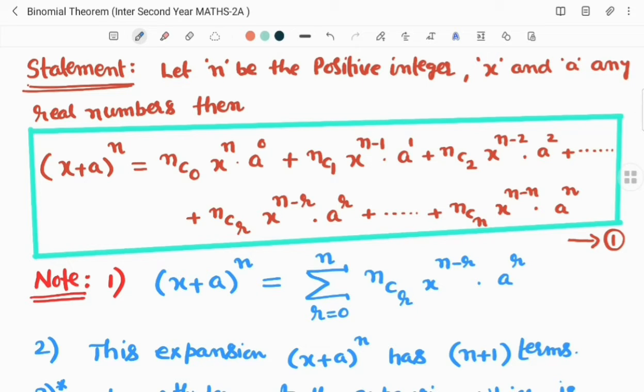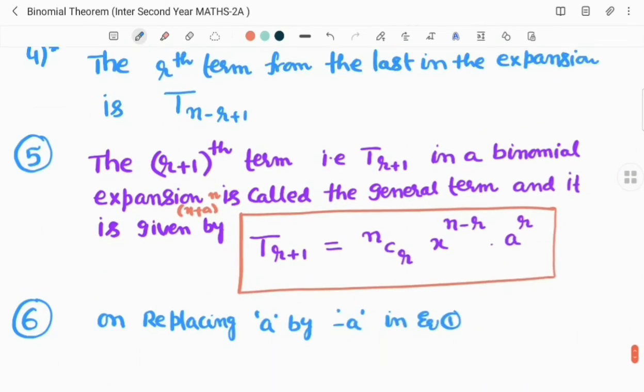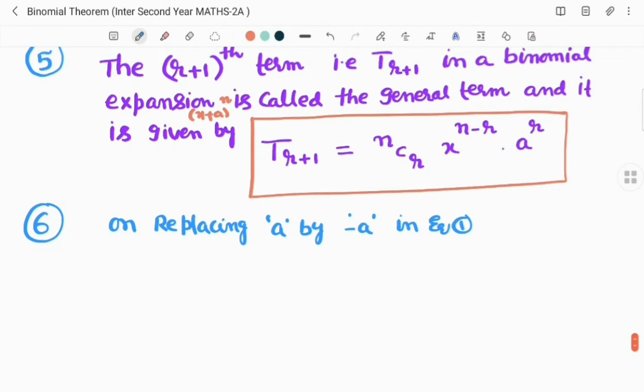On replacing a by minus a, equation 1 becomes (x - a)^n is equal to nC0 x^(n-0) a^0 minus, automatically, because a power 1 will come, so minus nC1, alternately plus and minus will come, x^(n-1) a^1.